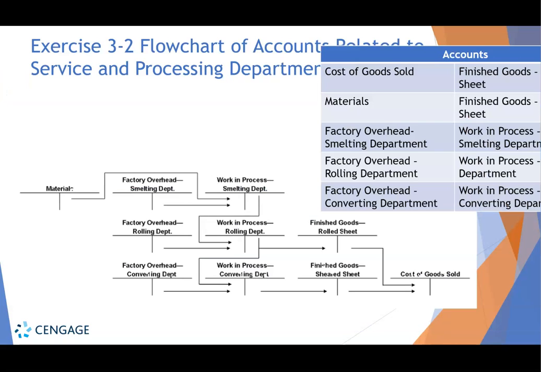So here is a great example of the flow. The materials first are taken out of that inventory, and the materials are added to the work in process for the smelting department.